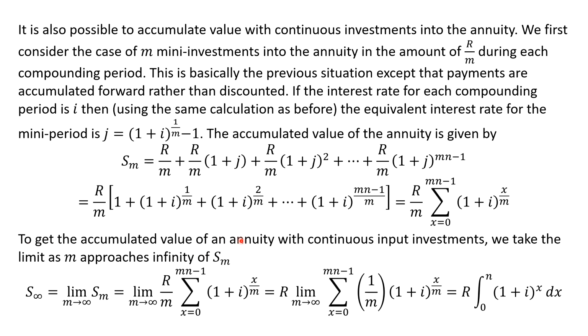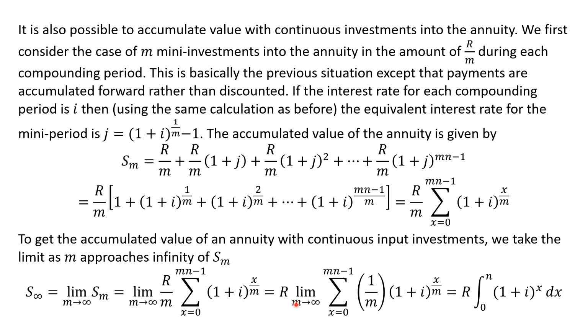To get the accumulated value of an annuity with continuous input, we take the limit as m approaches infinity, as I mentioned. So we take this result here. We call it S sub infinity, just the way we had Q sub infinity before. We take the limit as m goes to infinity. We plug this in here.